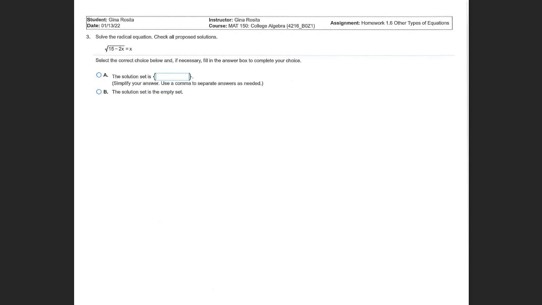Solve the radical equation. Check all proposed solutions. Okay, so for this one, you have to check. Make sure you check. Okay, so now I just write down again. I made a mistake, so I just erase first.